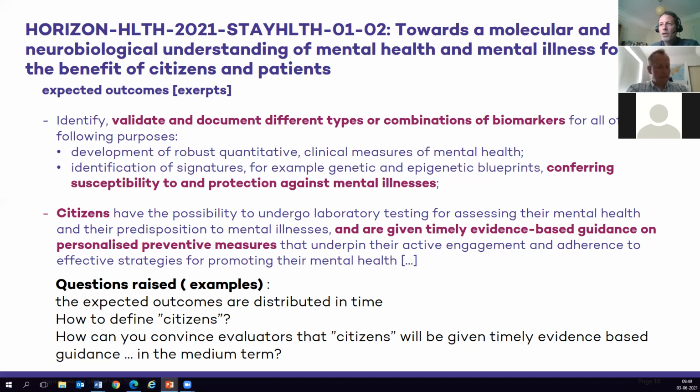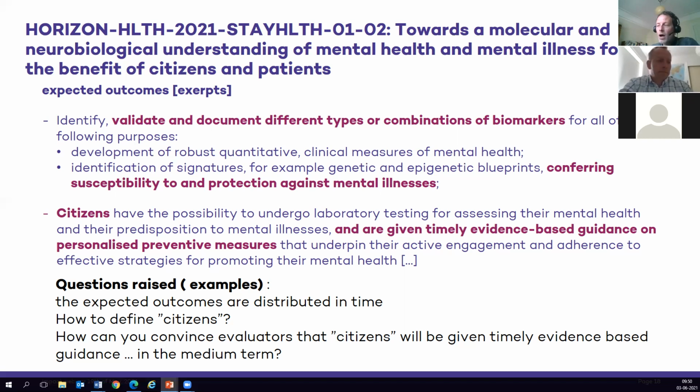So this would be a very concrete way of showing that you are making lab testing available to a group of citizens, and that by making it available to, say, a vulnerable group of citizens who are maybe prone to mental illness because of their work situation, the workload, etc., then you're paving the way for this to become mainstream or used in other citizen groups.